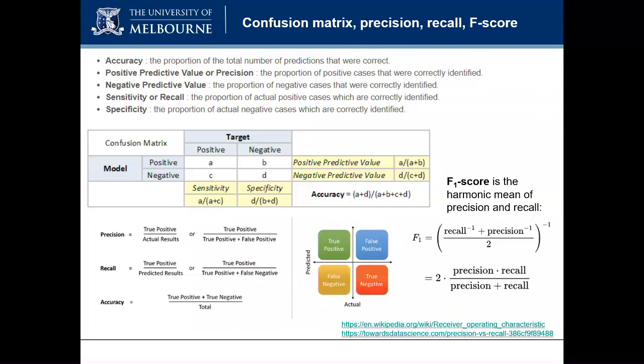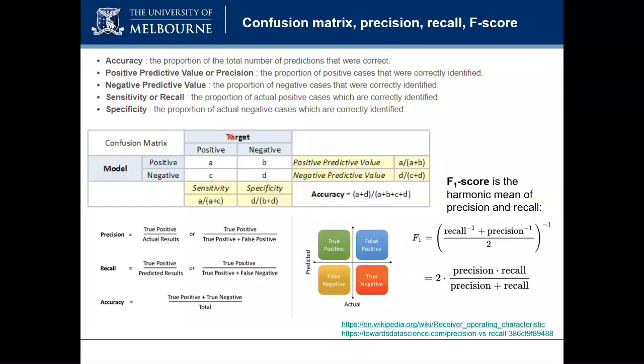So, and then these are the definitions of precision, recall, F-score. Again, this is the same simple 4-quadrant confusion matrix. Here as well, the y-axis is actual, this is predicted. This is the transposed version of this matrix, because predicted is on the x-axis.